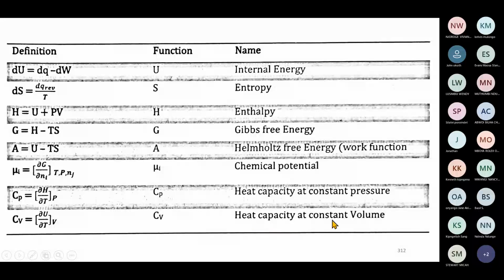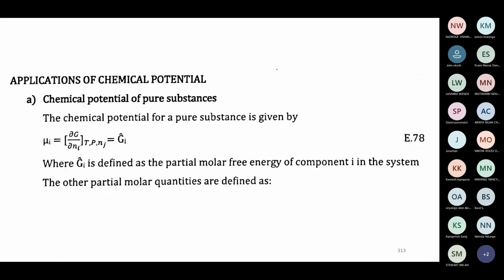We have also defined heat capacity at constant volume, Cv, given by the change in internal energy with temperature at constant volume. So this is just a summary of the functions that we have looked at so far. Now we can think about the applications of chemical potential.